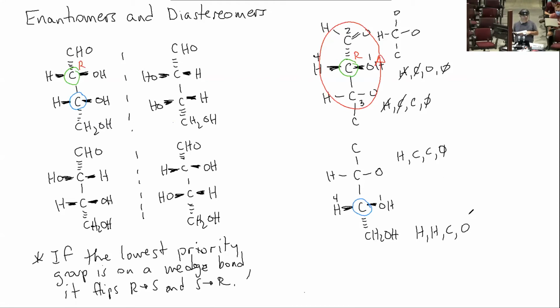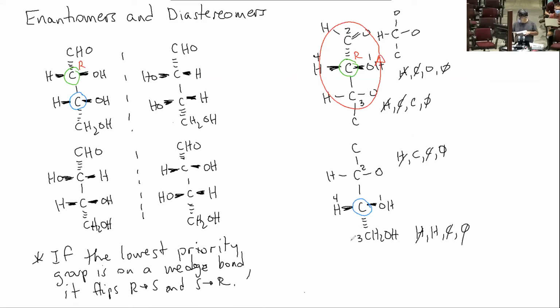Well, the oxygens will tie, these hydrogens will tie, and these two carbons will tie. And so you're left with a carbon versus a hydrogen. And so, of course, the carbon wins. Carbon's element 6, hydrogen's element 1. So that means that this carbon is second priority and the CH2 third priority.